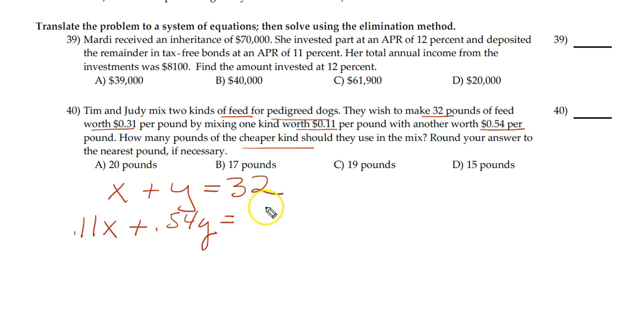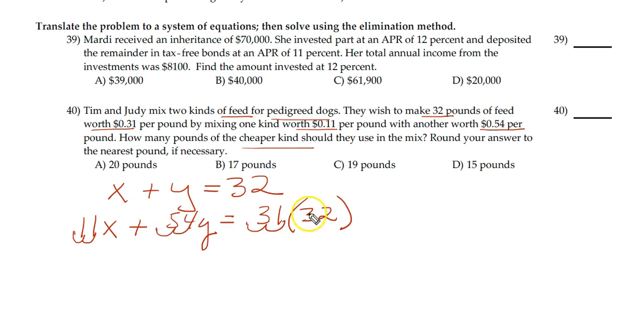And we want to end up with a mixture that's worth 31 cents of how many pounds we're going to end up with? 32. Hopefully you got something like this. So we're going to multiply everything by 100 here.